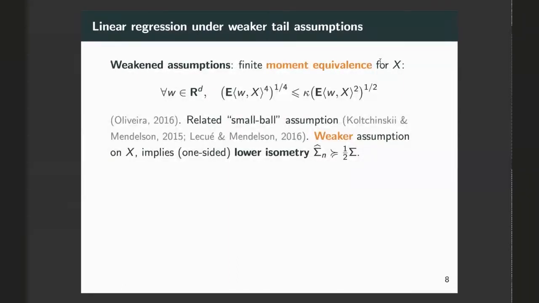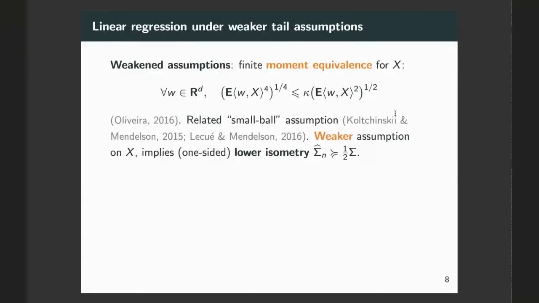What this means is that in no direction can you have a variable Wx that takes very different values at very different scales. This type of condition was introduced in the literature by Oliveira.